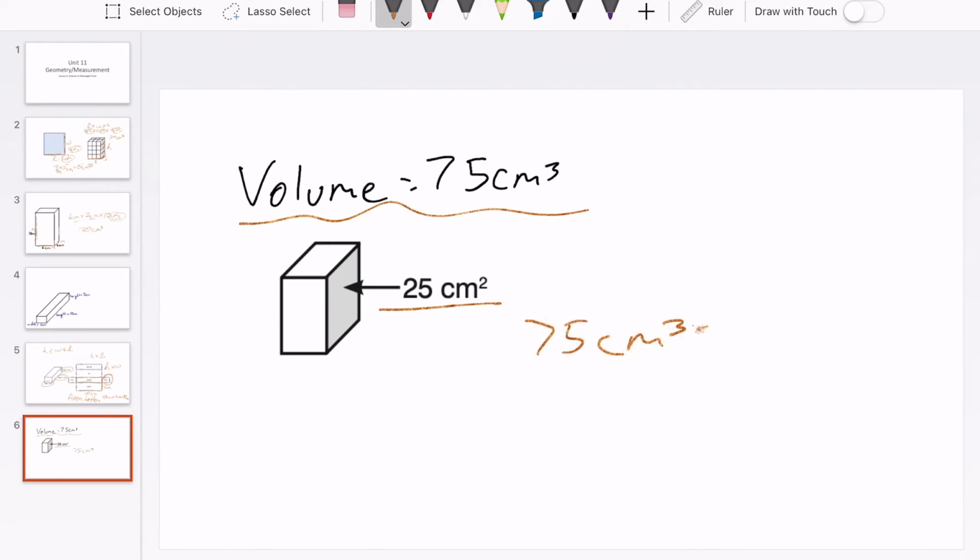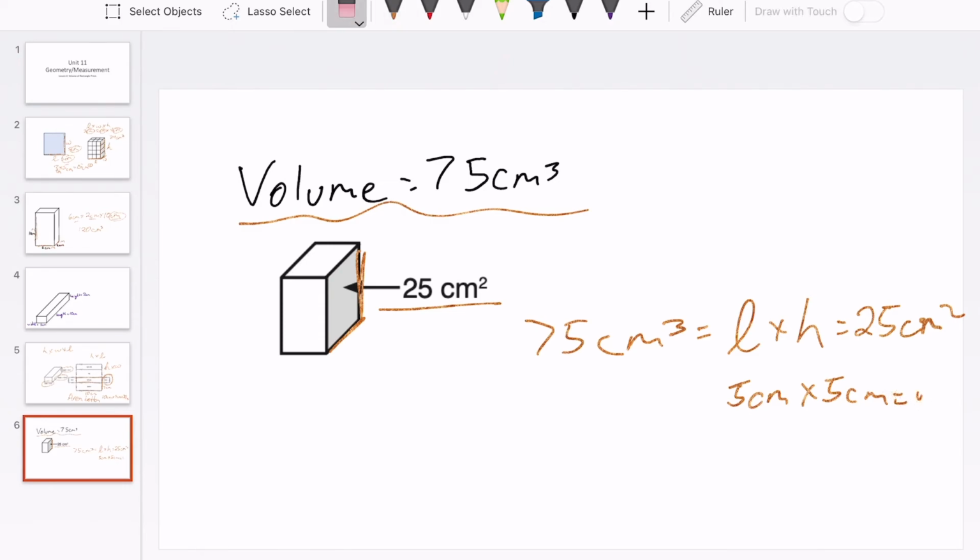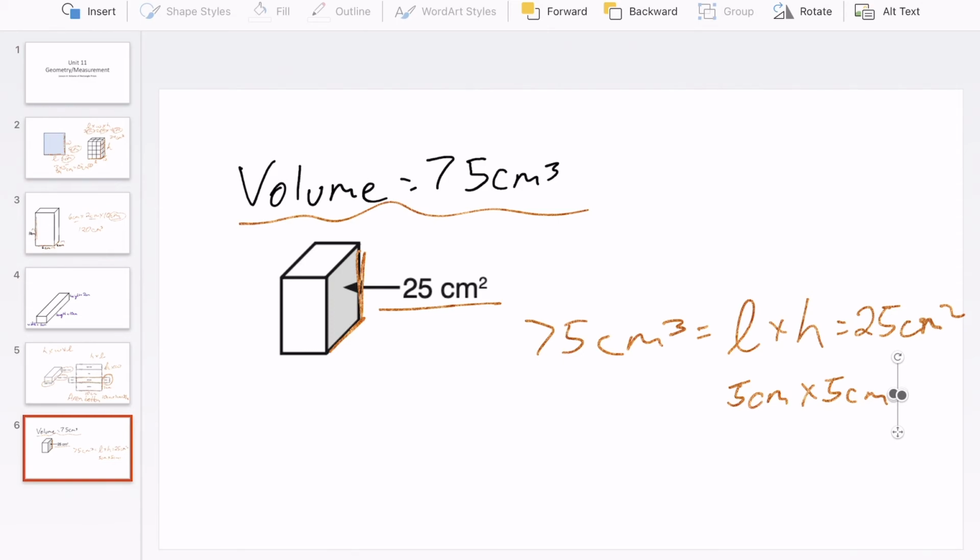What I have here is the length and the height. Length times height here is going to equal 25 centimeters squared. If I'm only using whole numbers, then the length of this is 5 centimeters and the height of this is 5 centimeters. What I don't know is the width.